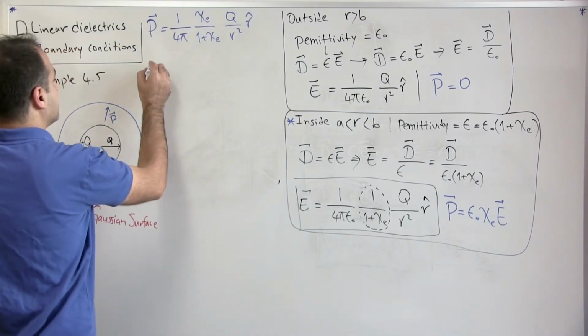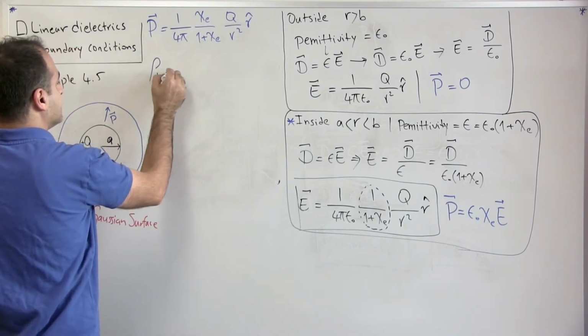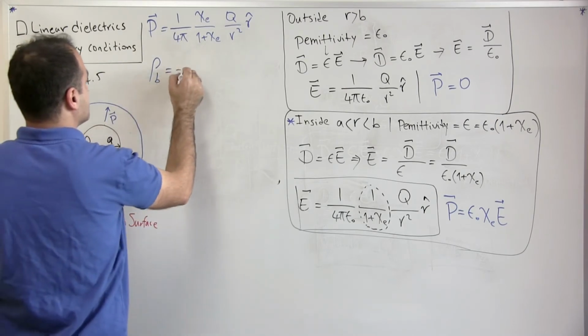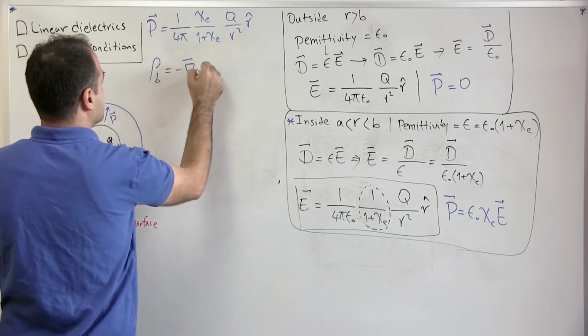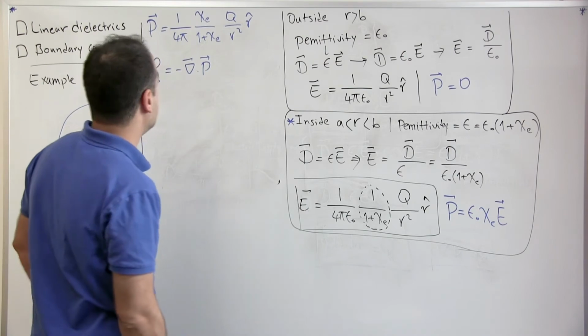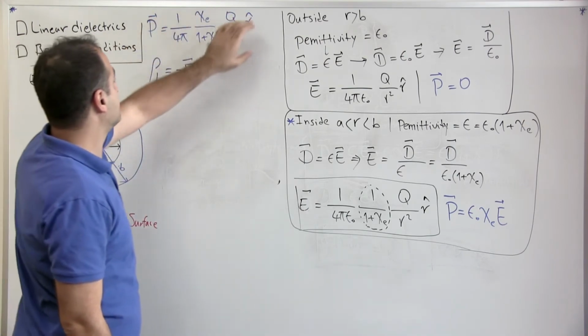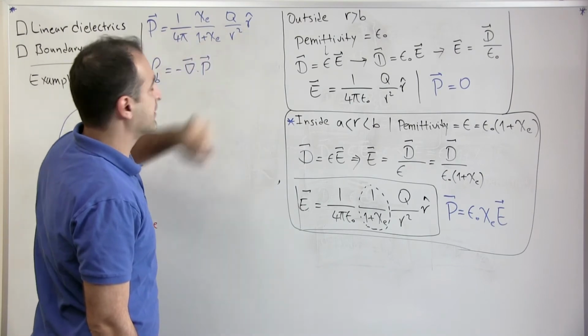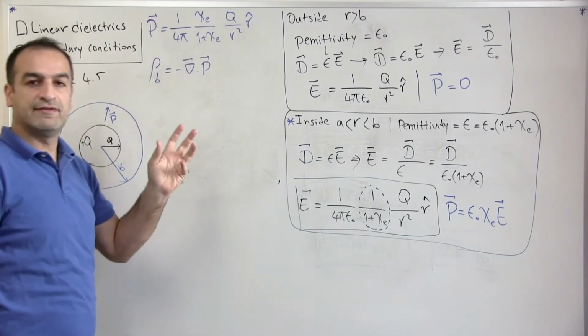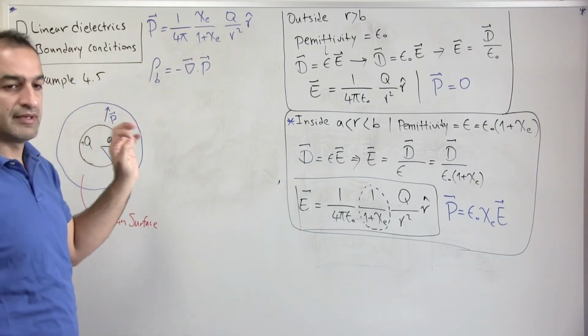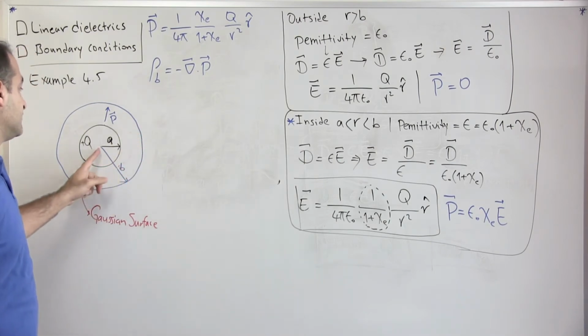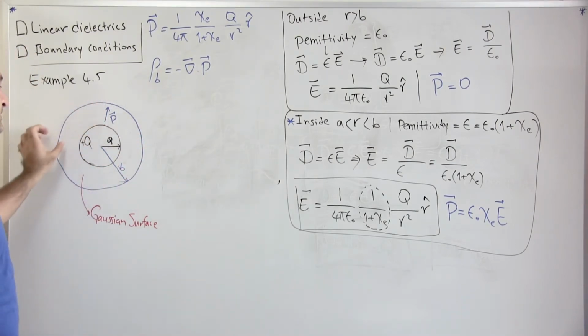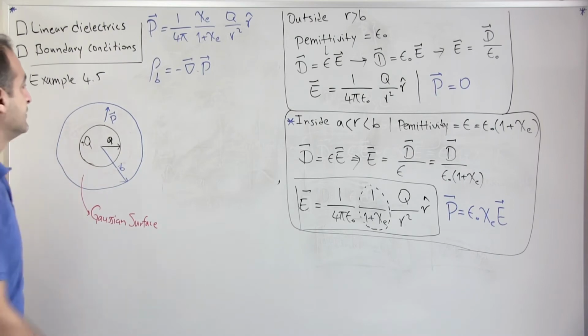If you remember, rho B, the volume density of bound charges, was negative divergence of P. If you look at this one, P is proportional to 1 over R squared times R hat. The divergence of that function is always 0 except right at the origin. At the origin, we don't care about that because the dielectric material is not present at the origin.